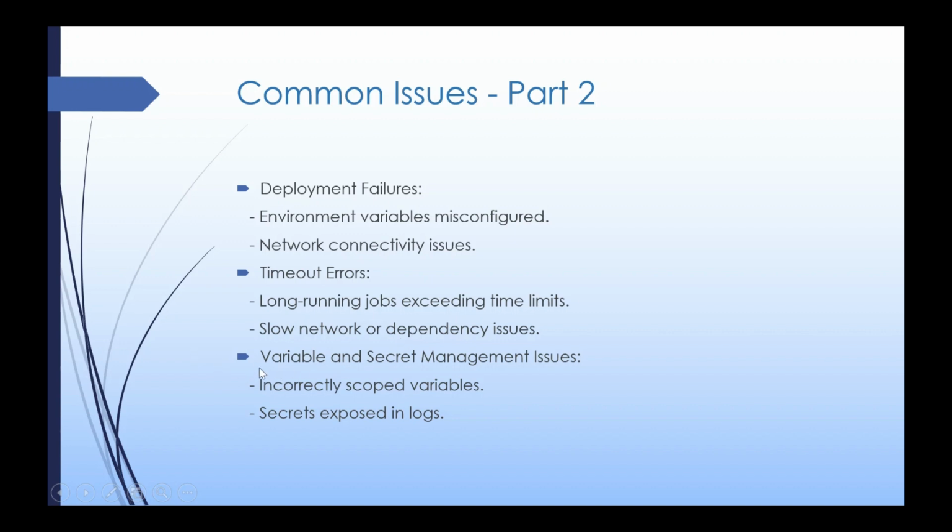Okay. The next one is variable and secret management issues. Suppose you are using some variables and variable groups and you have incorrectly scoped them. Suppose you have one variable group for production and by mistake you have just added the scope for that variable group as development environment or release environment.